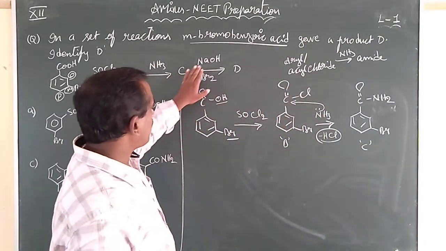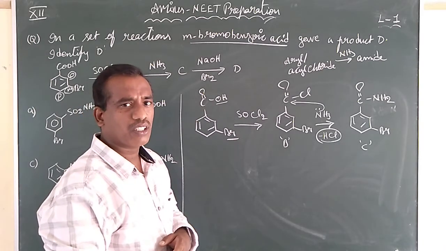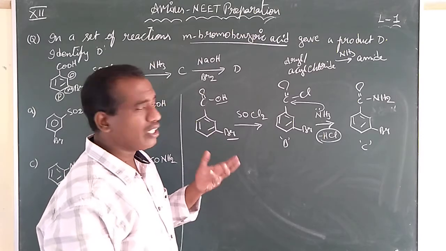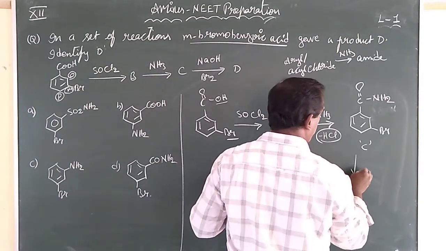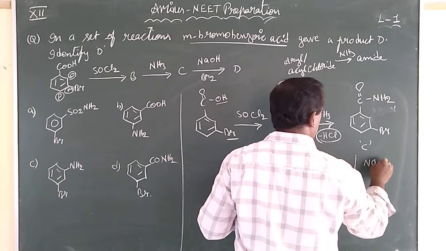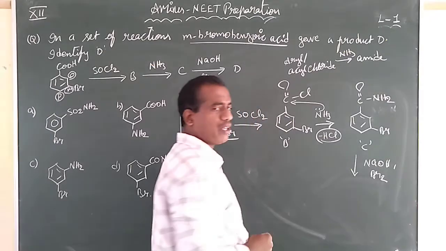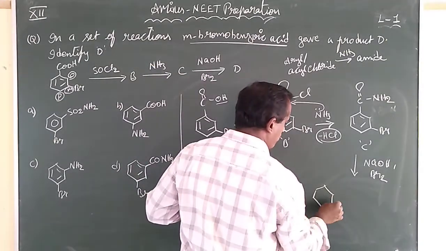So the C, after reacting with NaOH and Br2, blindly you can work wherever sodium hydroxide and bromine are there. Here you have an amide. What product will you have? You will have a reaction, which reaction? Hofmann bromamide degradation.